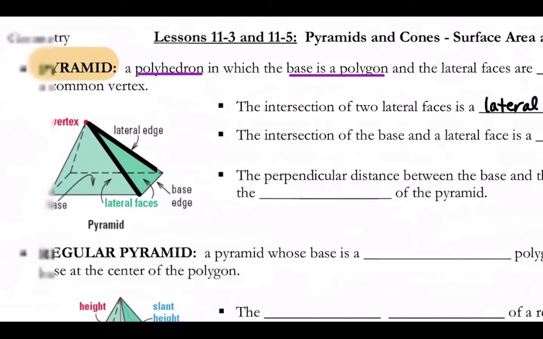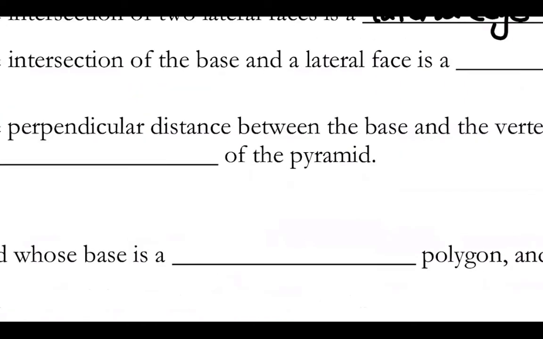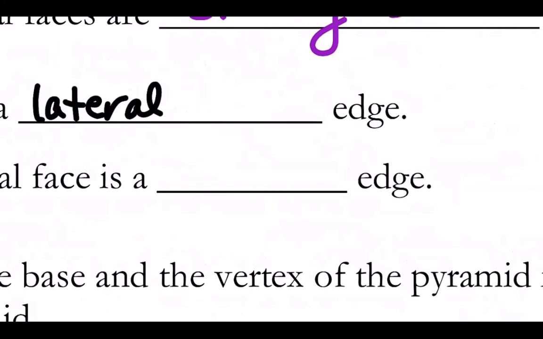And then the intersection of the base and a lateral face is called a base edge. So the segments like, for example, that one and that one, those are base edges. I should have just said lateral up there. Okay, this is a base edge.